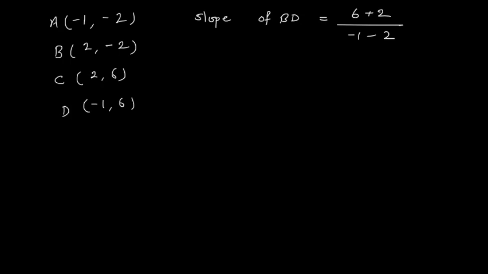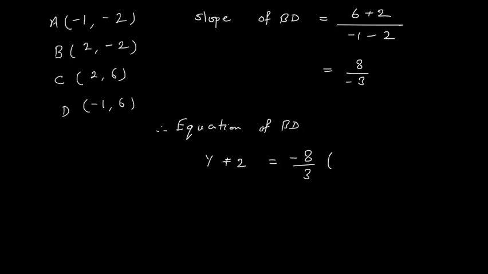So this is 8 divided by minus 3. This is the slope of BD. Therefore the equation of BD is y plus 2 equals minus 8 divided by 3 into x minus 2.